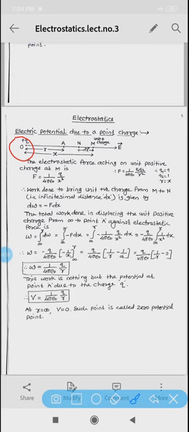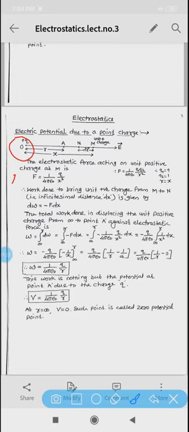There is a repulsive force, and this repulsive force is acting along the direction of electric intensity because the magnitude of charge plus q is very large as compared to the unit positive charge.